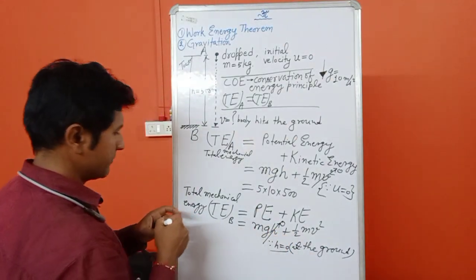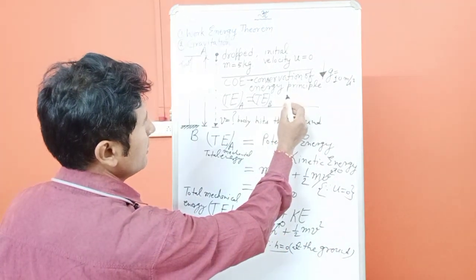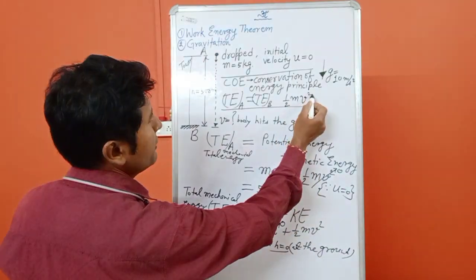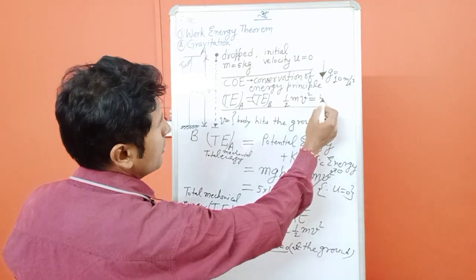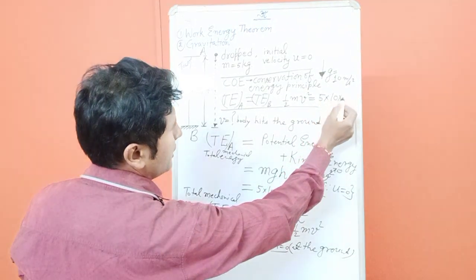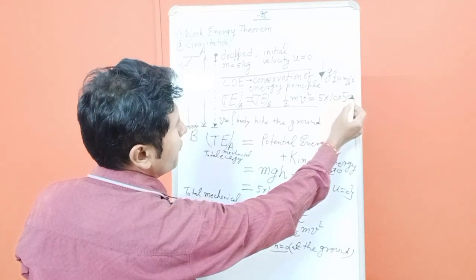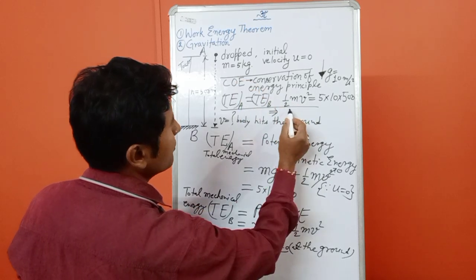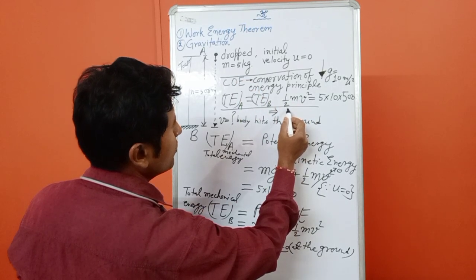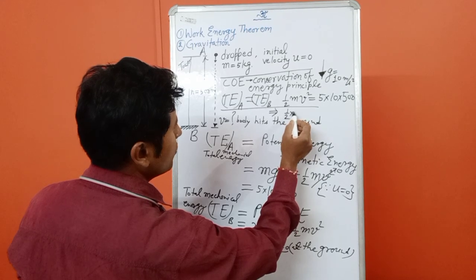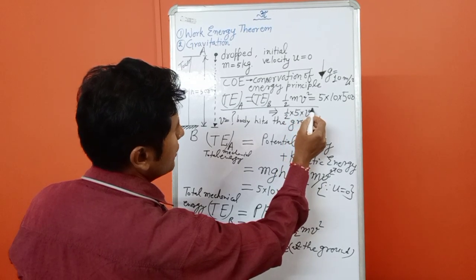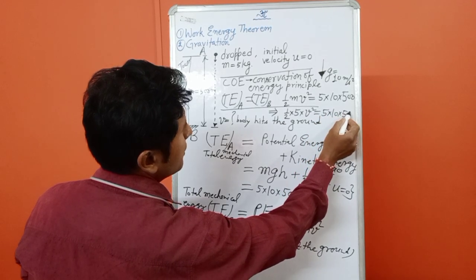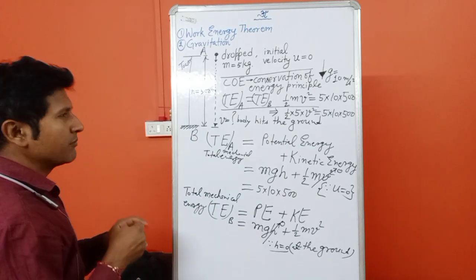What will it be? It will be half mv square must be equal to 5 into 10 into 500, right? Again we can write it down. The value of m is 5, right? So 1 by 2 into 5 into v square is equal to 5 into 10 into 500, right?